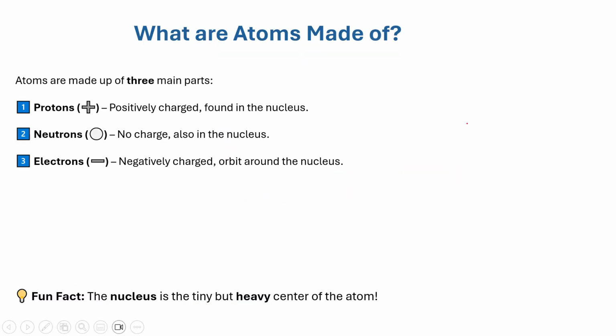So what are atoms actually made of? Atoms are made up of three main parts. One is the proton, another is the neutron, and the last one is the electron. Protons are positively charged, and they are found in the nucleus. Atoms are considered circular shaped with a center called the nucleus, and the nucleus holds the positively charged protons.